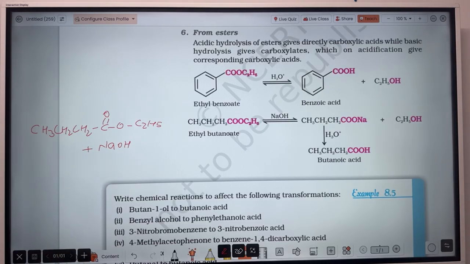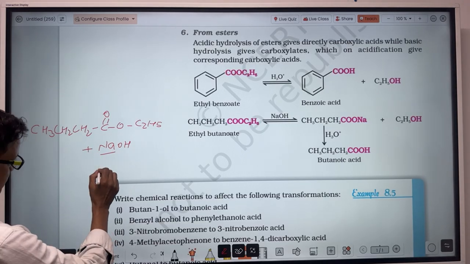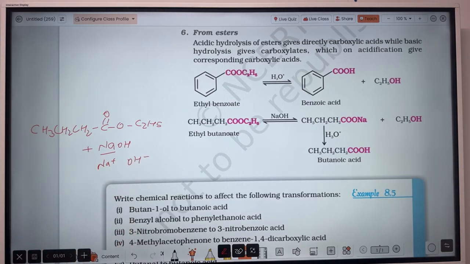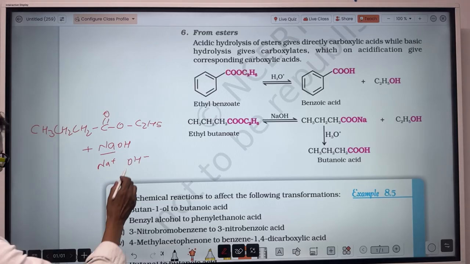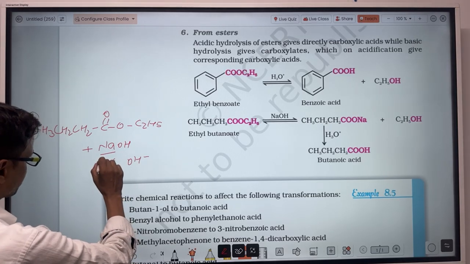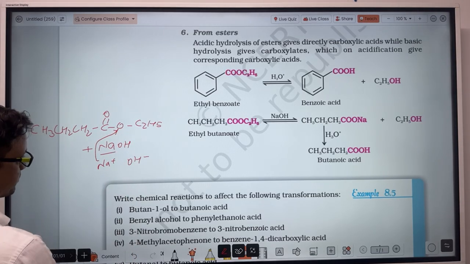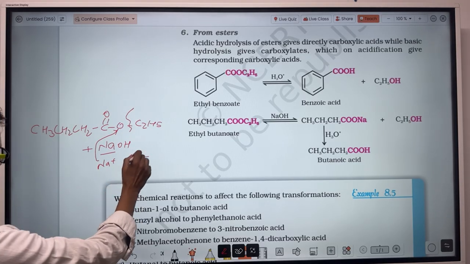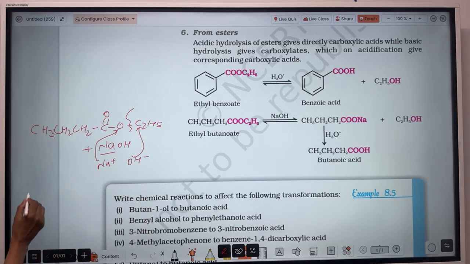So what will happen here? It will dissociate into Na plus and OH minus. Na plus will get bonded to this oxygen. So the bond will dissociate from here, and the OH part will bond to this carbon. So the compound becomes this.